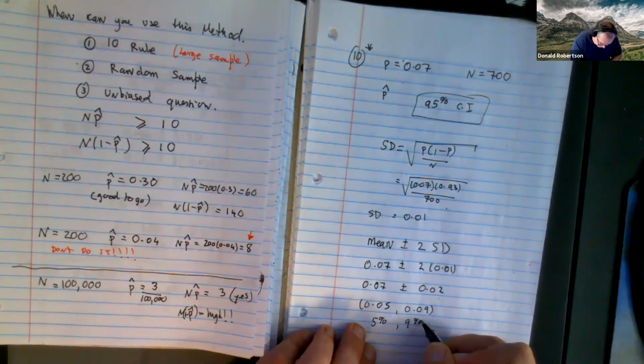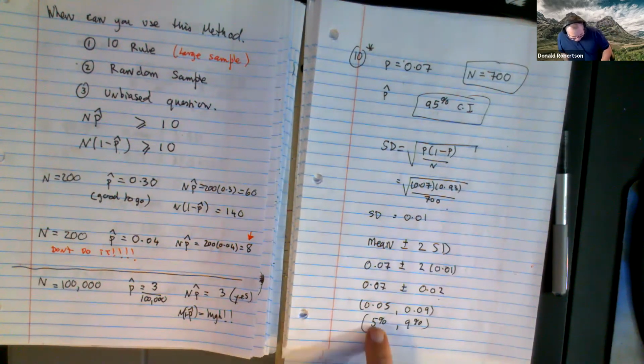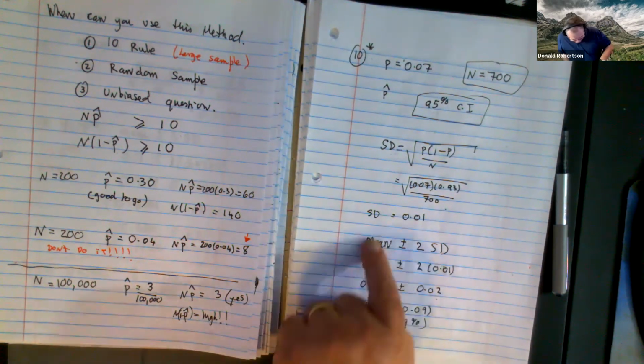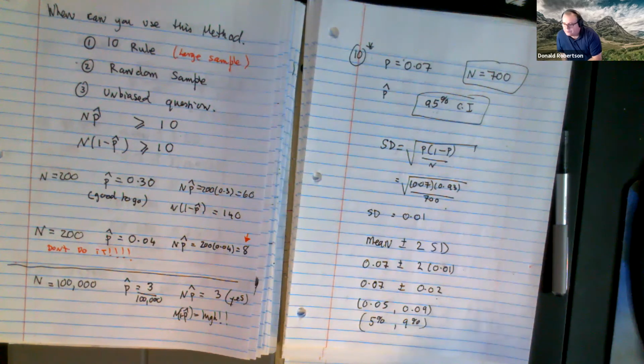So in this town of 700 people, we could predict 95% confident that somewhere between 5 and 9% is likely to come out of that sample. Right, somewhere between 5 and 9% are going to break down and the tow truck has to come. That's what this percentage is. Are we good on this?